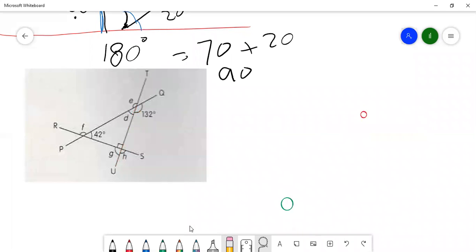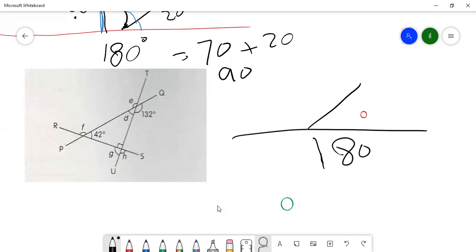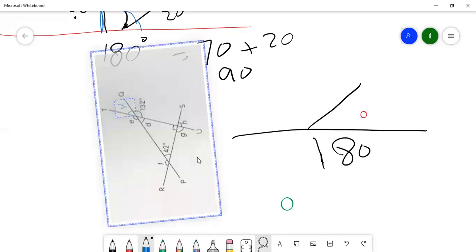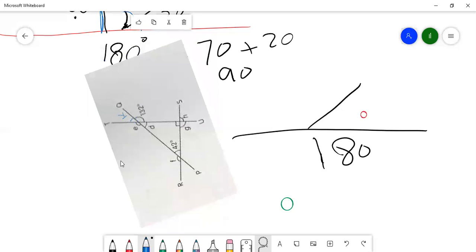Right. Focus here. We said that the sum of angles on a straight line equals 180. This is K. Okay, I'm going to make it like this to make it easier.